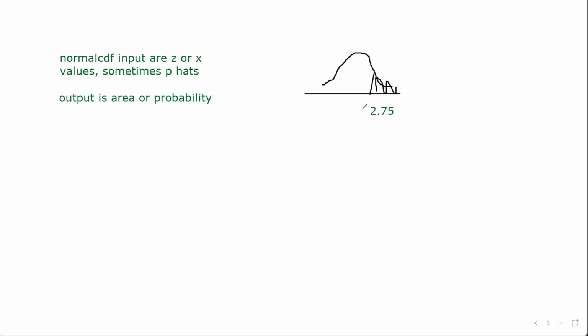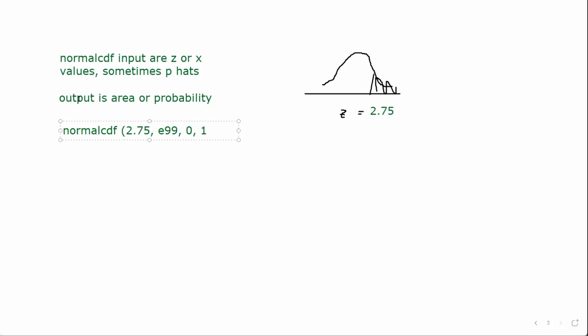And let's say this is our Z-score. What comes out of this is normal CDF of 2.75, E99, 0 and 1.